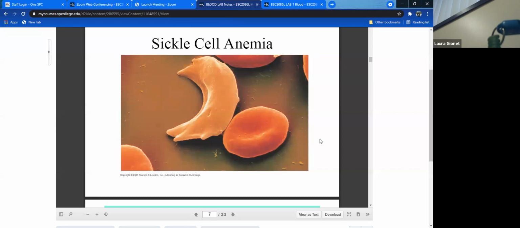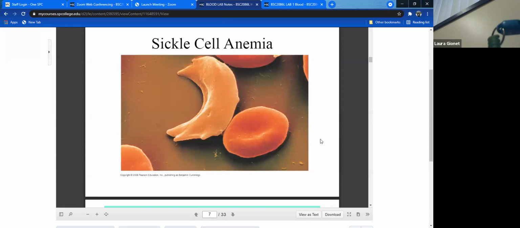It has multiple effects, but one of them is when you're under low oxygen content or tensions, like at high altitude, the cell twists and turns and assumes kind of a boomerang shape, or a sickle. And that's what we're looking at here on this little slide.